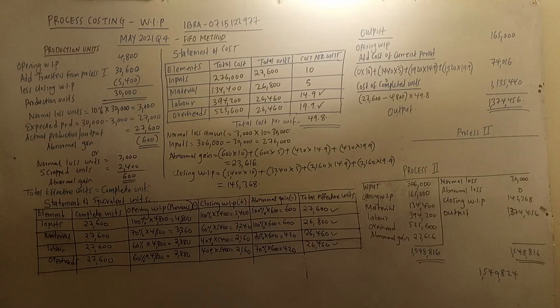And now we are going to introduce process costing with joint product and byproduct, a situation where we have joint product and byproduct. So without wasting any time, let us jump into process costing for joint and byproduct.